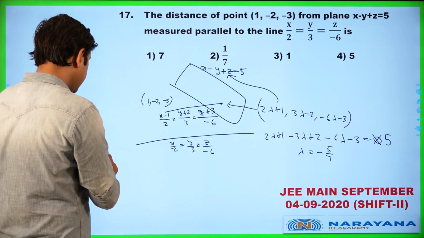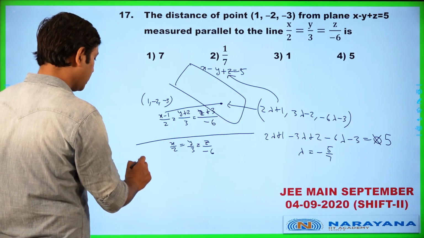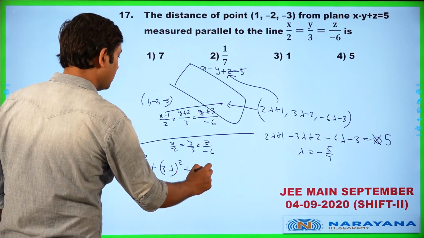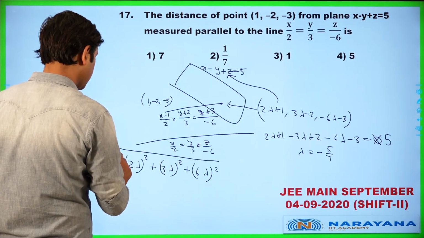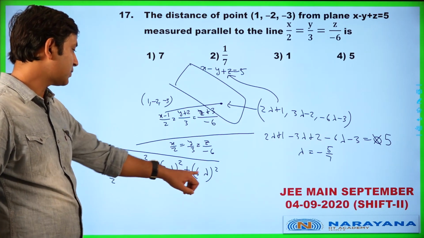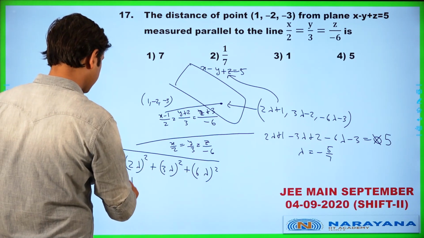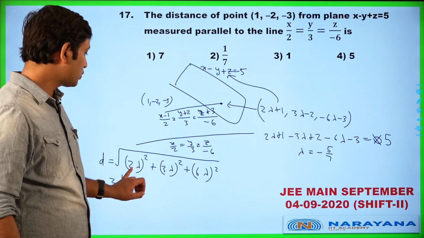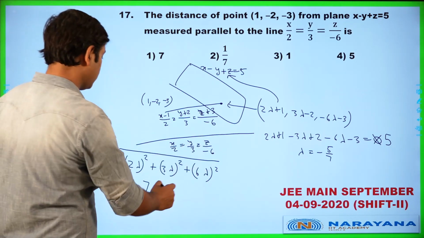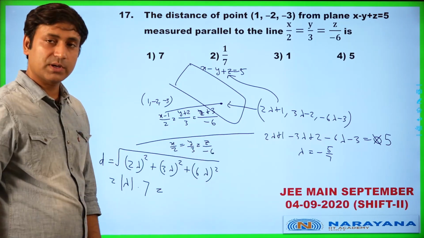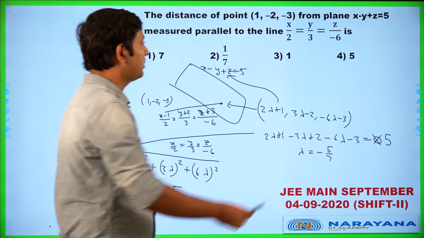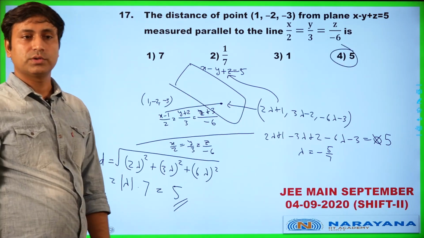So this distance d must be equal to the root of 2 lambda whole square plus 3 lambda whole square plus 6 lambda whole square, which is mod lambda into the root of 2 square plus 3 square plus 6 square, which is 49 under root, which is 7. If we put the value of lambda as minus 5 by 7, that will come out to be simply 5. We'll mark that option. We'll move on to the next question.